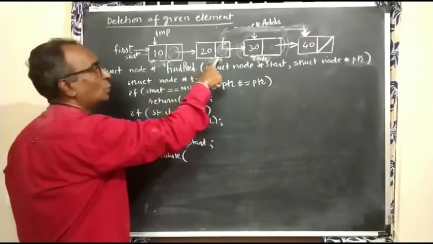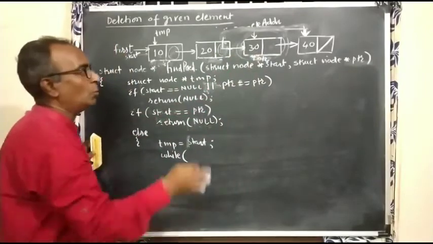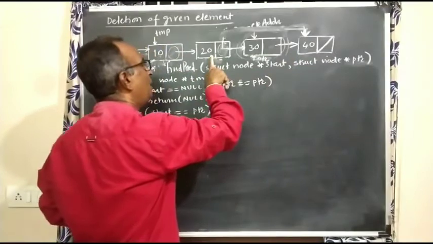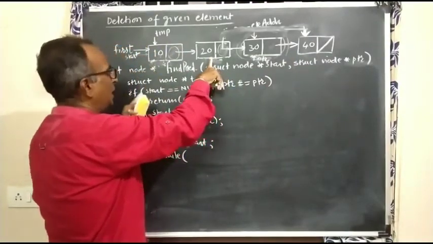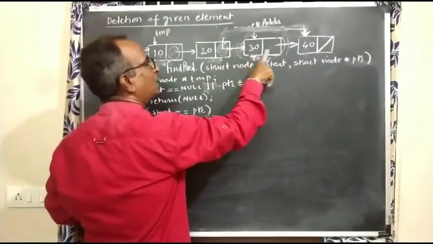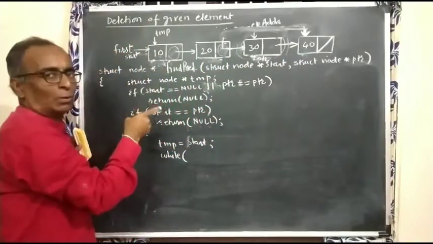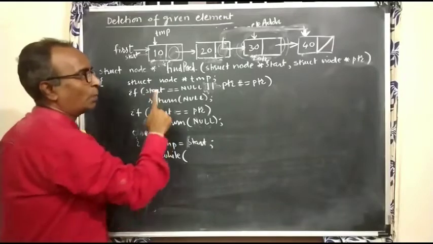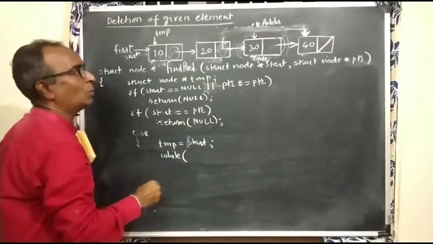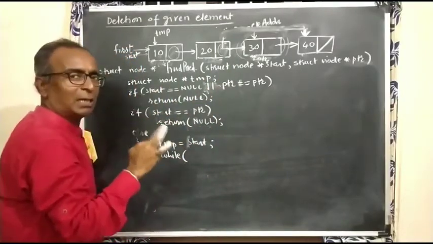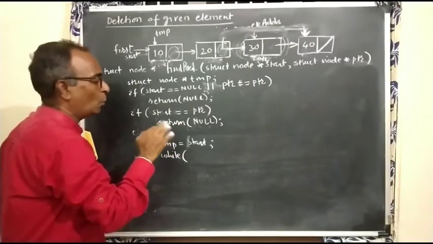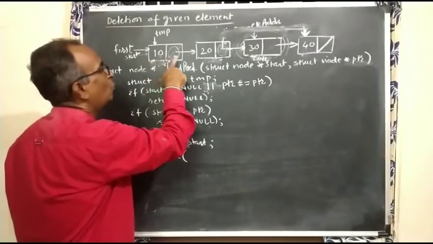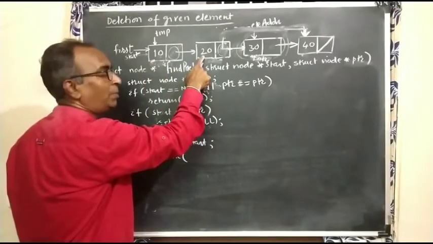If it is not the first node, for the next nodes, PTR may be here, maybe here, maybe here. We have tackled this case. So when it is there, we have the predecessor node, and that node you have to find out. Up to what do you have to continue this? PTR is definitely there, we know. So what condition do we have to check? Keeping temp here, check what is this node's address. Is it PTR?